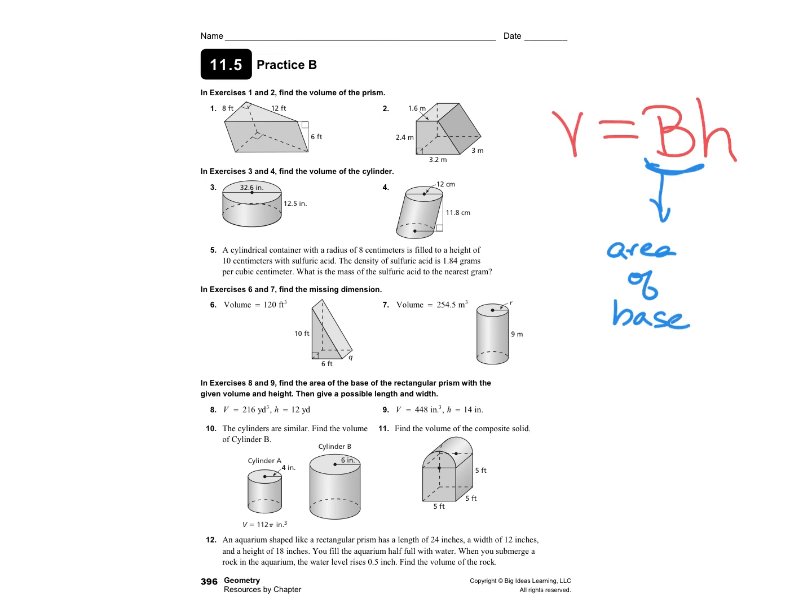So if it's a triangular prism, it will be 1/2 base times height, because the area of a triangle is 1/2 base times height. If it's a cylinder, the bottom shape is a circle. So it's pi r squared, and then times the height of the cylinder.